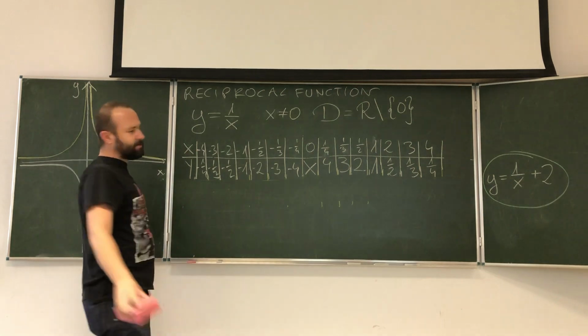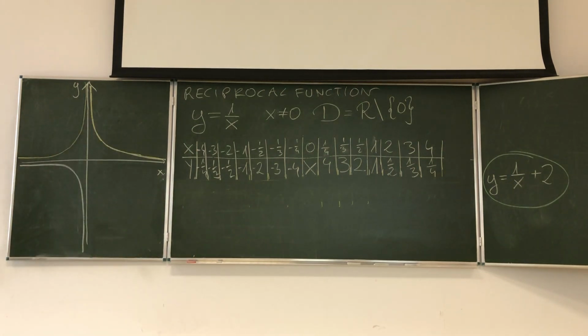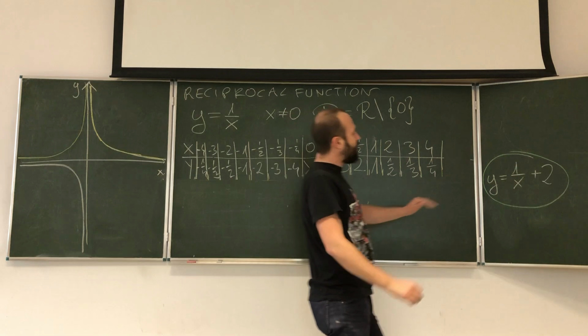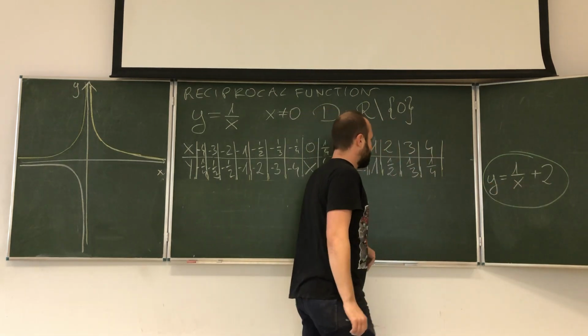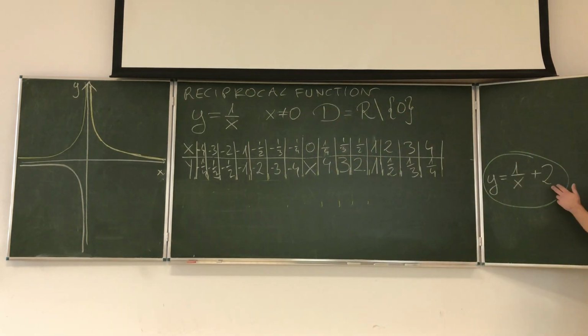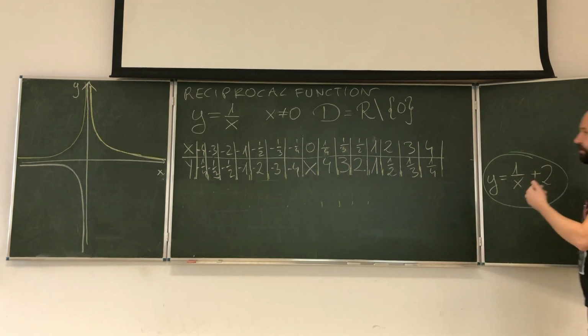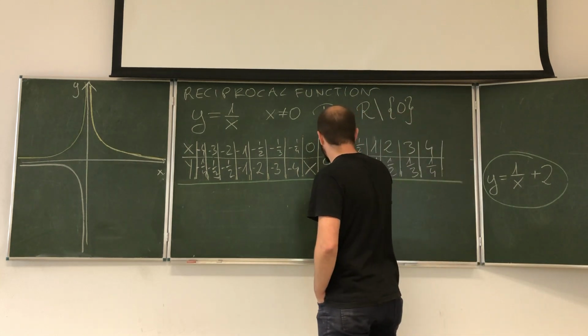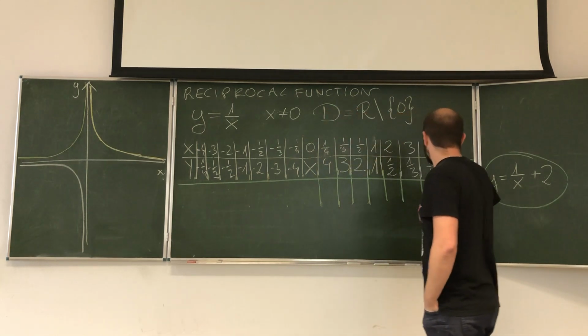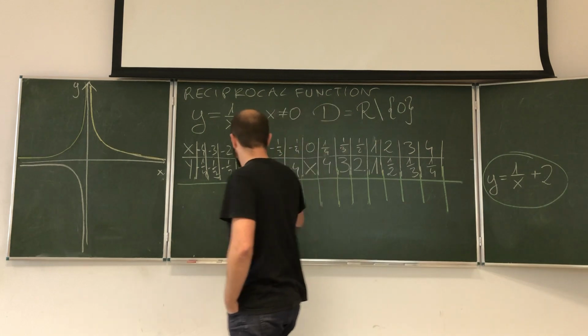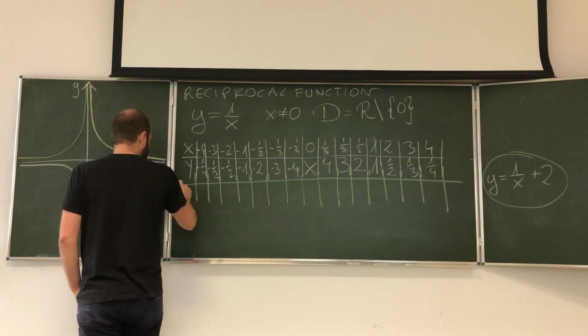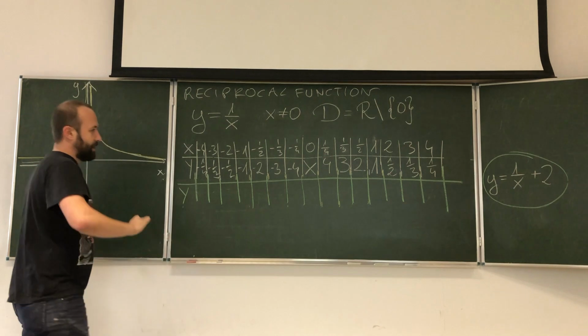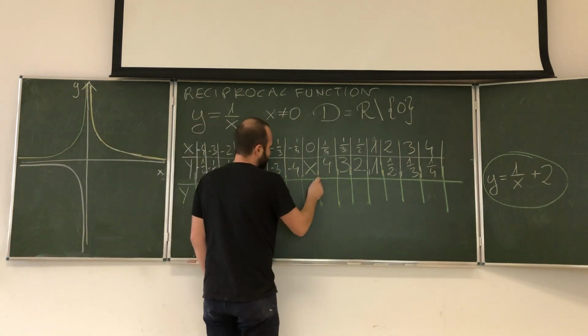So, as you see, we've added a constant 2 at the bottom. So, what is happening is that now every value of the function that we had originally will be higher by 2. So, if we're going to make a table out of it, what I should do here is to add 2 to every number. Of course, here still nothing.